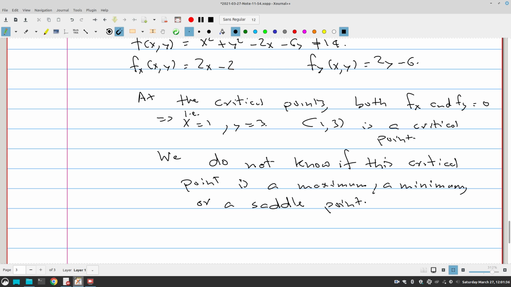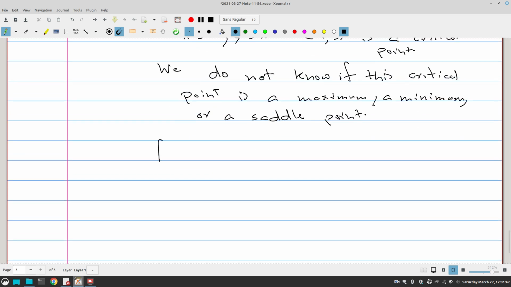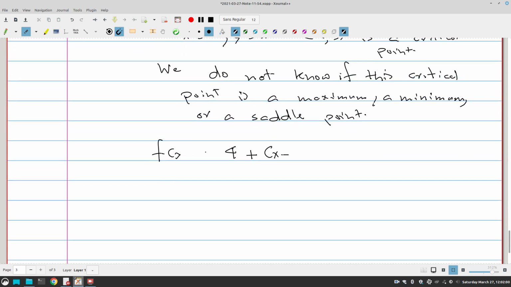Now let's try to write f in another fashion, right? So f of xy, which is the original function, can be written as 4 plus x minus 1 whole square plus y minus 3 whole square.